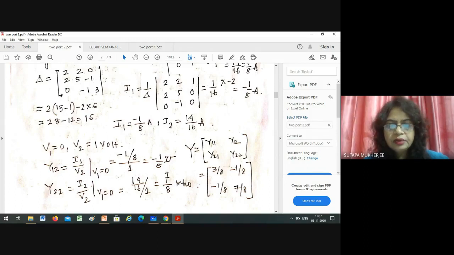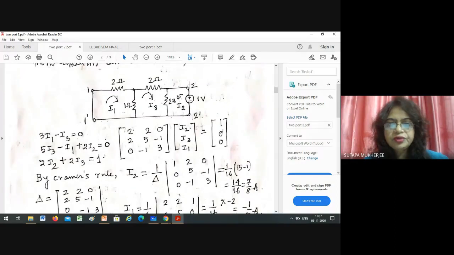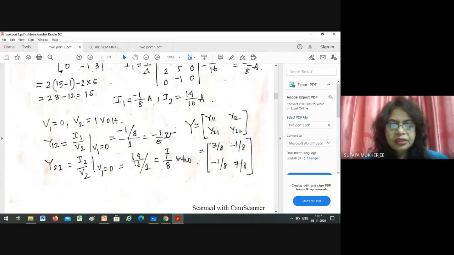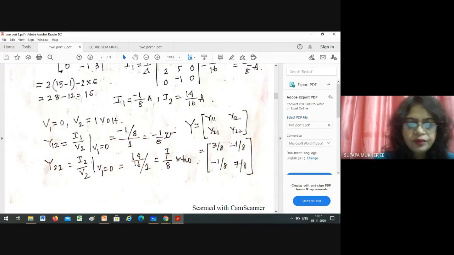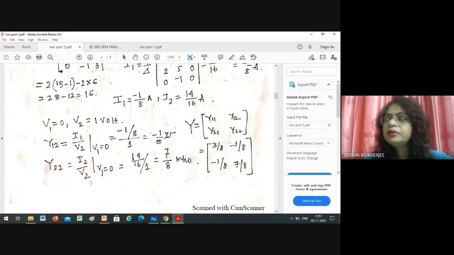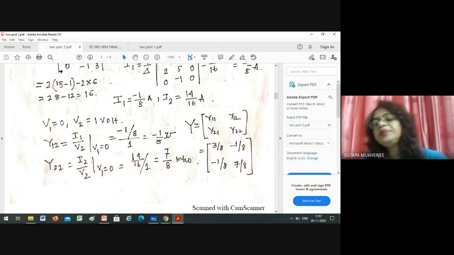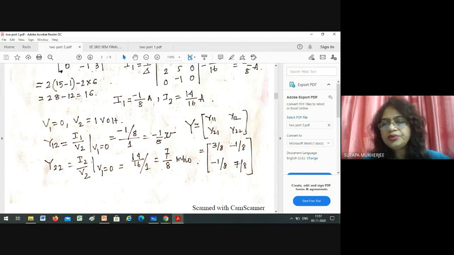What is I1? -1 by 8, and v2 equal to 1, because you have put v2 equal to 1 over here. So that is -1 by 8. And what is y22? I2 by v2, 14 by 16, which is 7 by 8. Then the total admittance parameters y11, y12, y21, y22 are 3 by 8, -1 by 8, -1 by 8, 7 by 8.